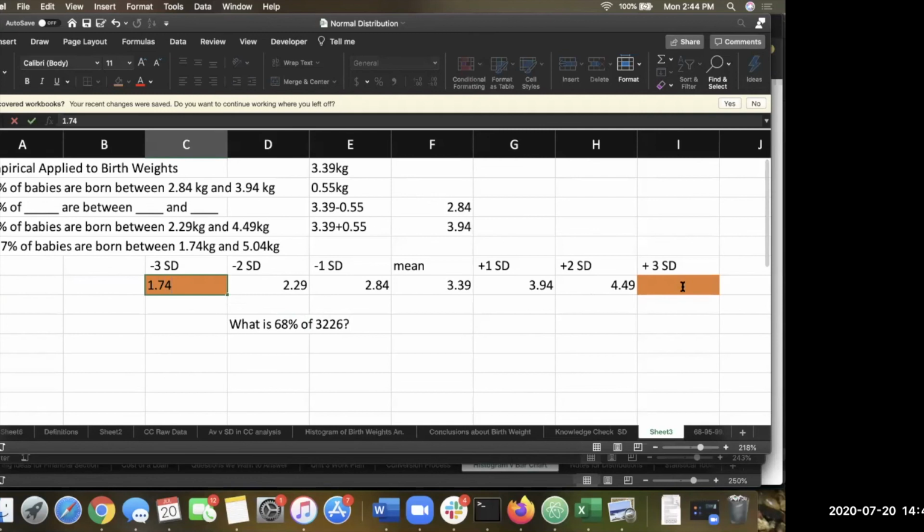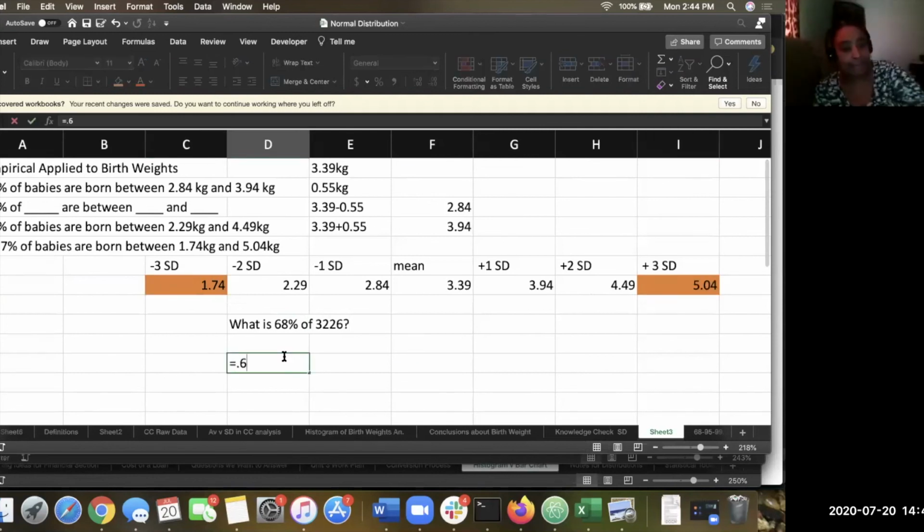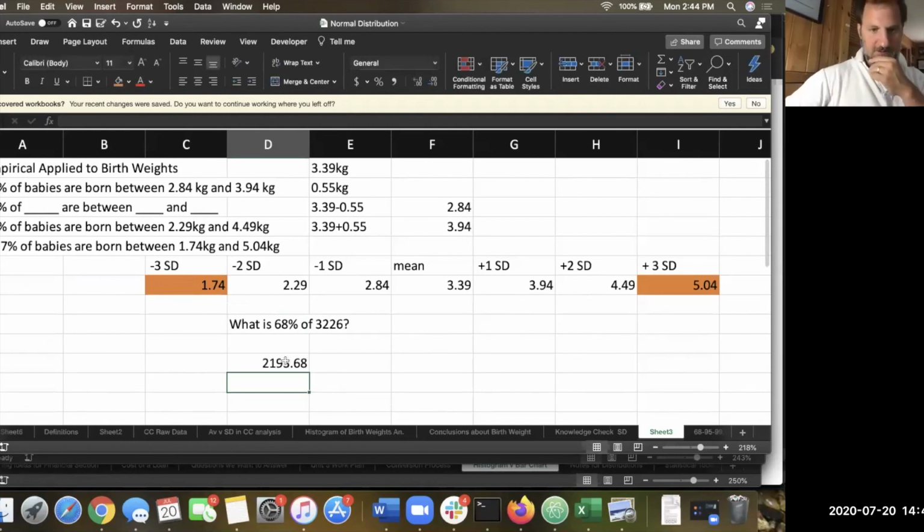You guys agree with that? Yes. 0.68 times 3,226. Okay, so in other words, we would have predicted there to be about 2,194 babies in that center part. What we actually found was 2,376. So we're a little bit off.